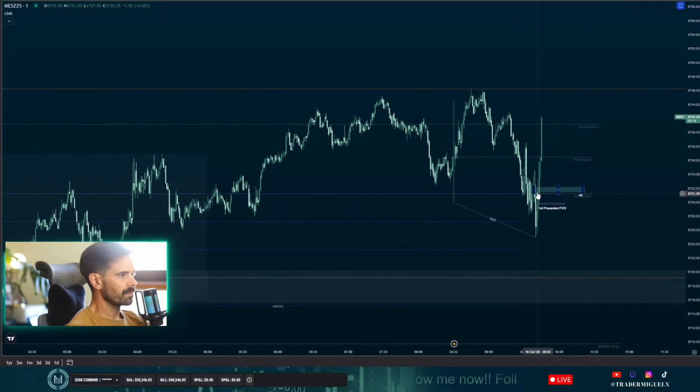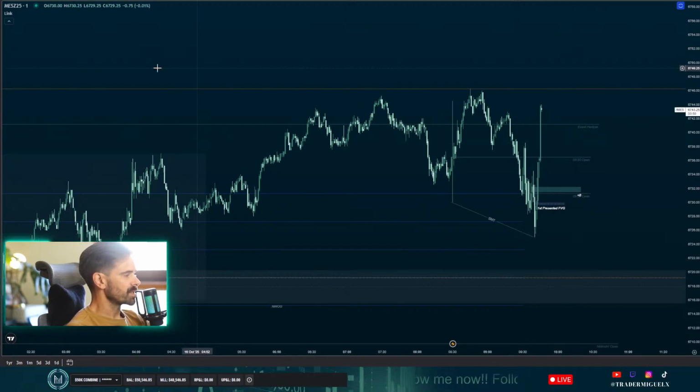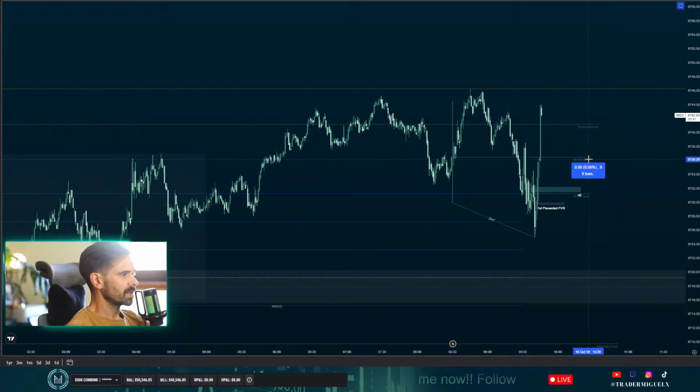Nice reaction from the breaker. So once again, no retracement to the downside. So price is just displacing once again, leaving us all just watching.